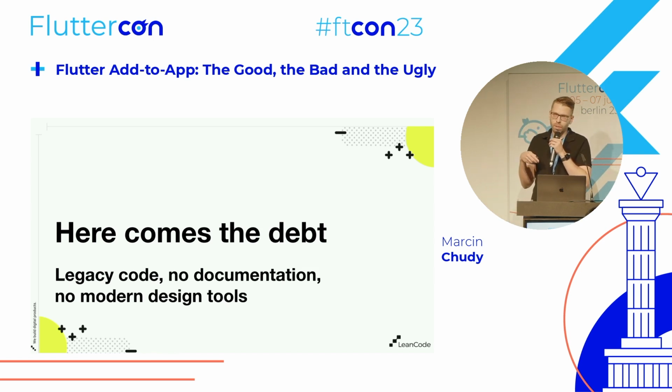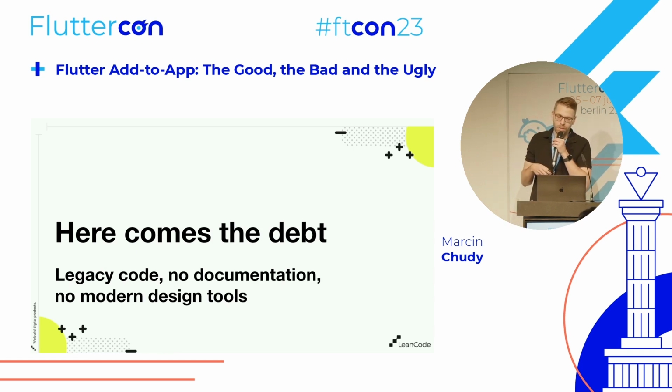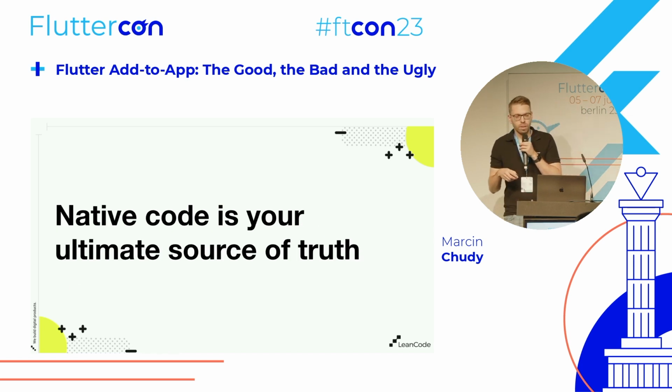And we also had no designs in modern design tools like Figma, for example. So you basically may have to measure pixels yourself from the native screens to re-implement them in a pixel-perfect way. And native source is your ultimate source of truth.